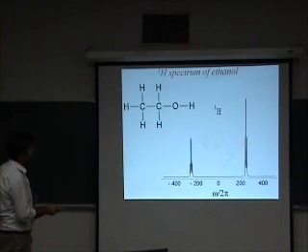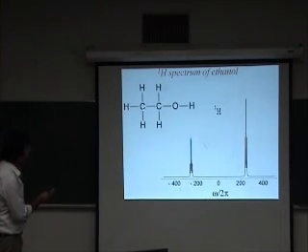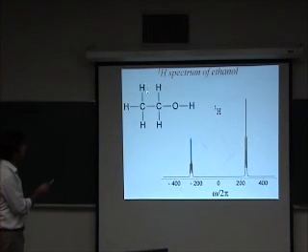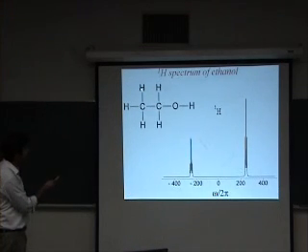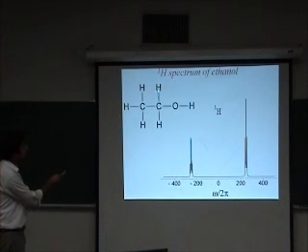So this quartet originates from the methylene protons, and if you consider one of these protons, because all 3 of these protons are chemically equivalent and they will have the same chemical shift, each one of them will be coupled to the 2 methylene protons through 3 bond couplings, 1, 2, 3.